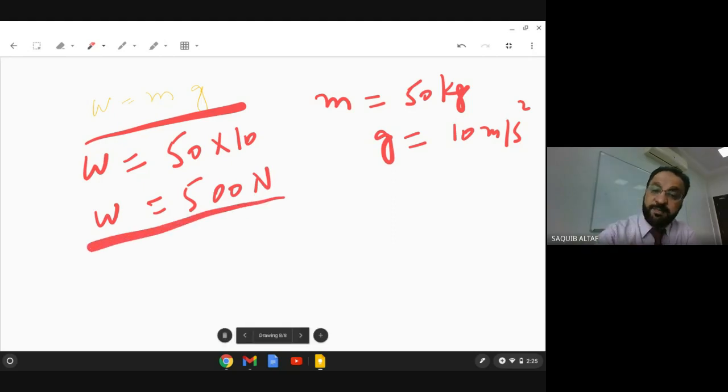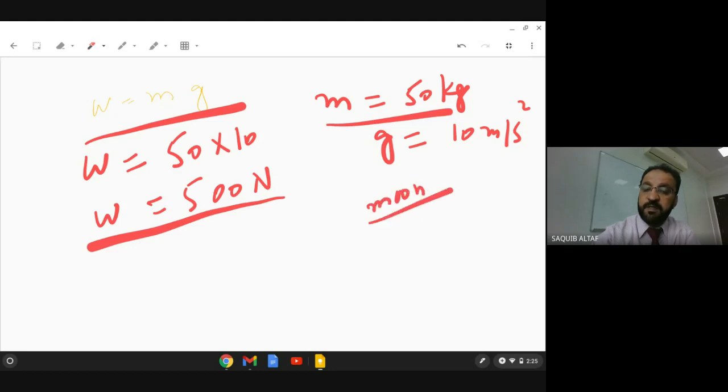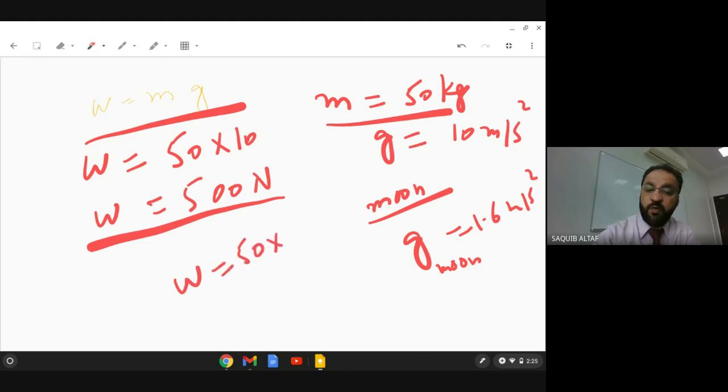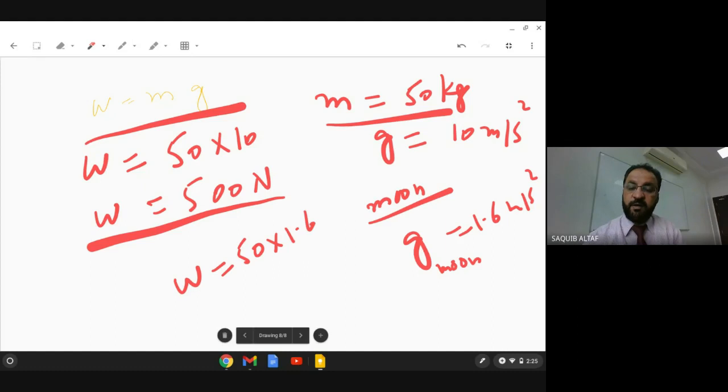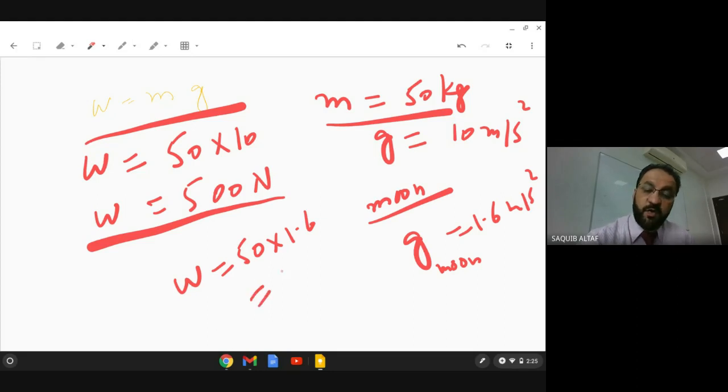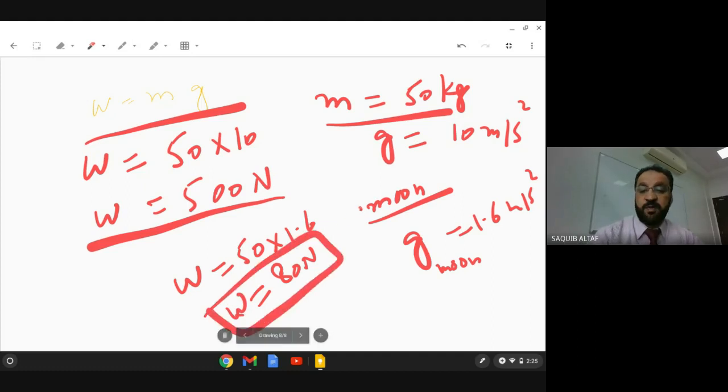But the same person, if they go on the moon, gravity of the moon is 1.6 meter per second square. So the weight of this person on the moon will be 50 times 1.6. Let me check what the answer is. 80 Newton. See now, weight reduces to only 80 Newton when this person is on the moon.